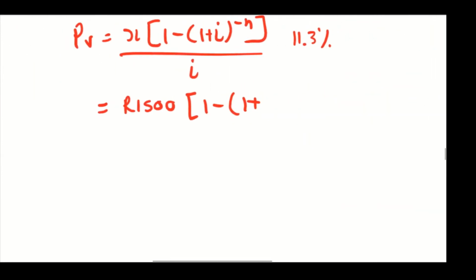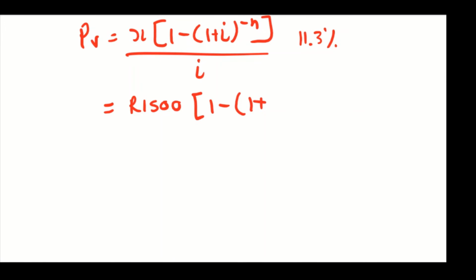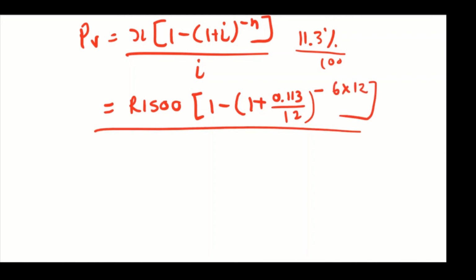So we're just going to say 0.113, right? You can do that by dividing this 11.3% by 100, and then divide by 12 here, to the power of minus 6 years multiplied by 12, divided by 0.113 over 12.